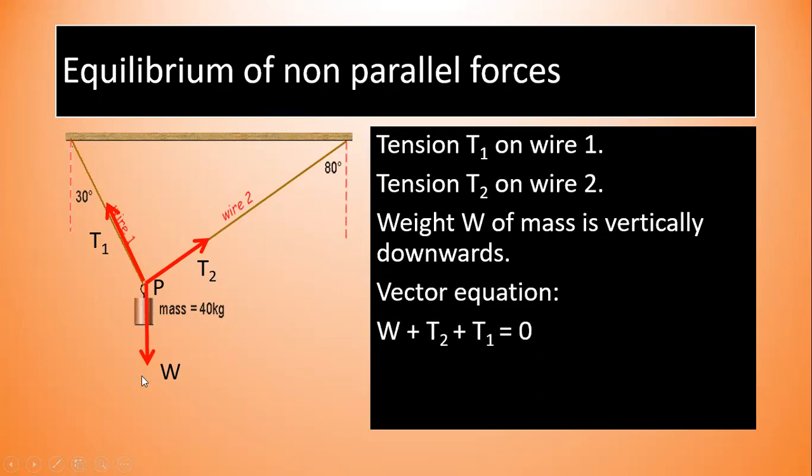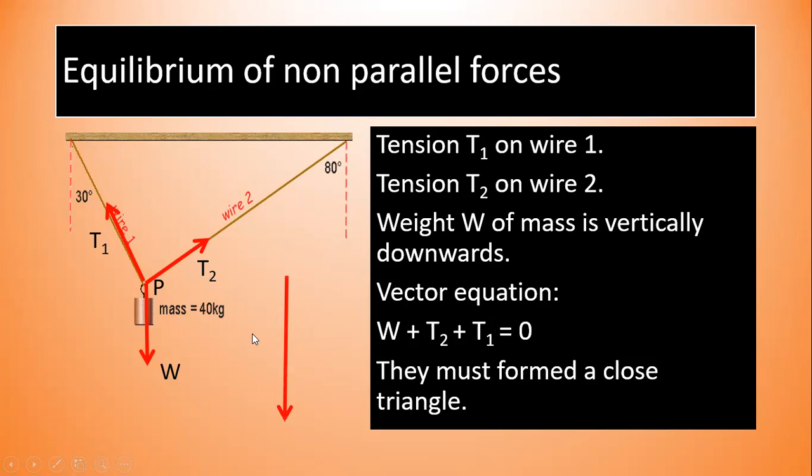Right? We can write a vector equation, easier to take. This is clear. Right? This one we have to roughly estimate. So we write W first, and then T1 or T2, it doesn't matter, any order. T2, T1, if you write this as a vector equation, it must form a closed triangle. So that's your W. That's your T2, this one, and T1, forming a closed triangle.